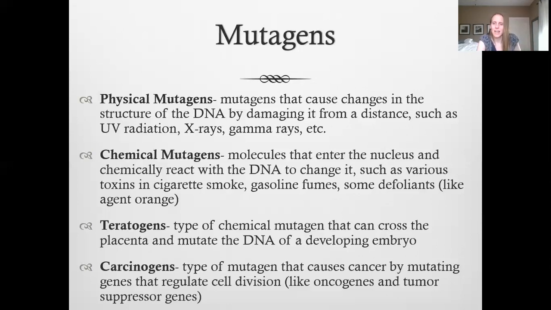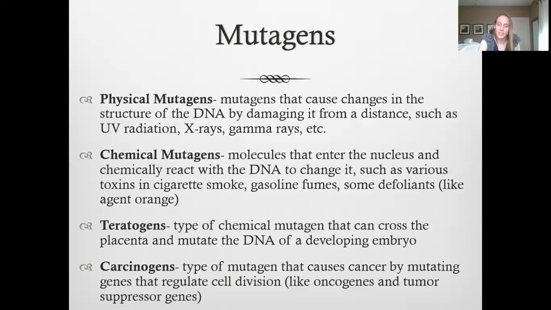So that's Agent Orange, for an example, which was a defoliant used in the Vietnam War to essentially kill the trees so that the Viet Cong couldn't hide in the jungles. Anyway, it's a horribly damaging mutagen. If you want to be horrified, Google it.